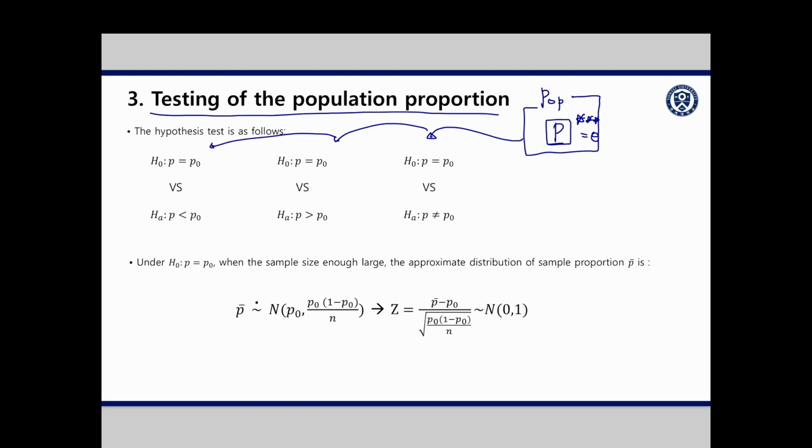For example, we have the proportion of males worldwide, denoted as P.